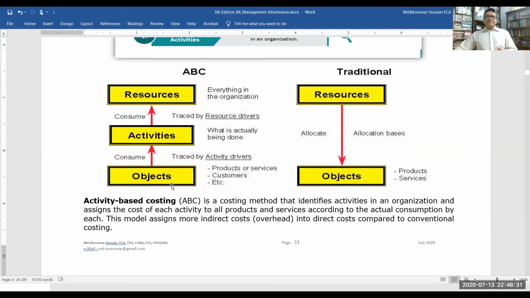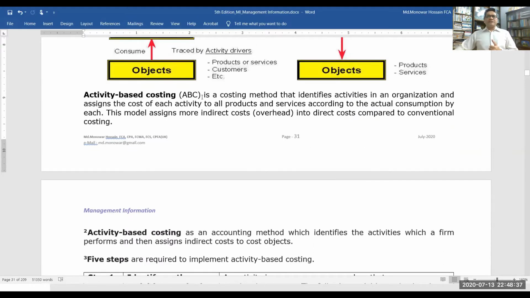And now, activities and allocation to the resource. So activity-based costing is a costing method that identifies activities in our organization and assigns the cost of each activity to all products.